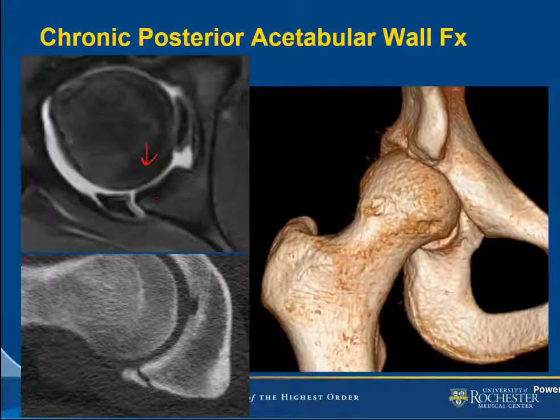This patient was a baseball catcher, was never having a hip dislocation, was kind of unaware that he had this fracture. But because he had this repetitive squatting motion as a baseball catcher, his cam deformity was driving his femoral head back repeatedly, and he wound up with this chronic acetabular rim fracture of the posterior wall of the acetabulum.